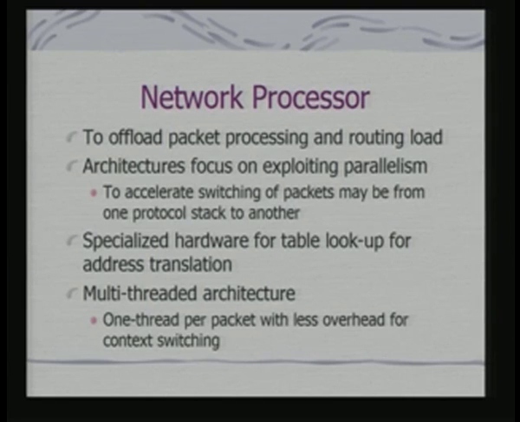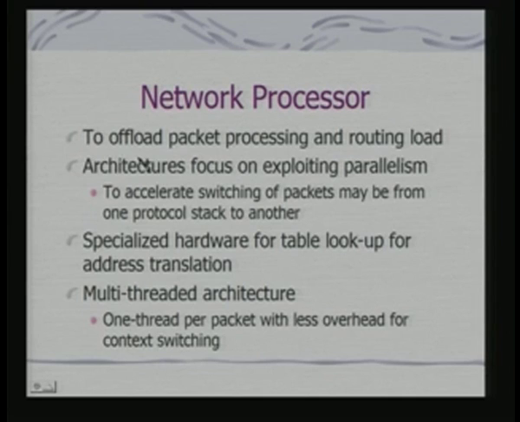Now, how are routers implemented? Routers are again examples of embedded systems, because routers do have processing elements, but they are not general purpose computers. Their basic job is to receive packets and route packets. So, network processors are used for implementation of these routers. The basic job of a network processor is to offload packet processing and routing load.